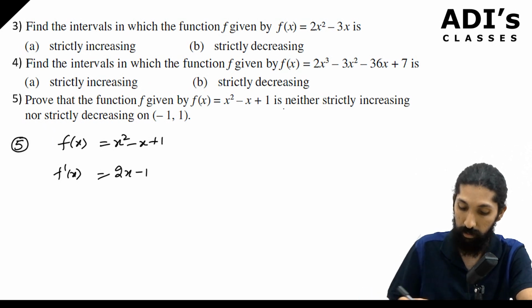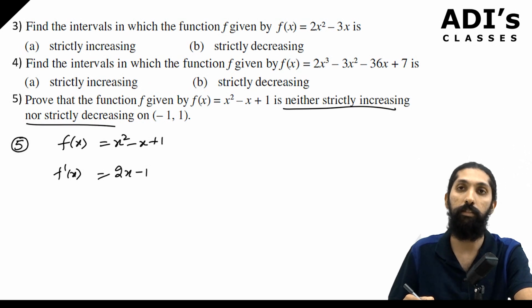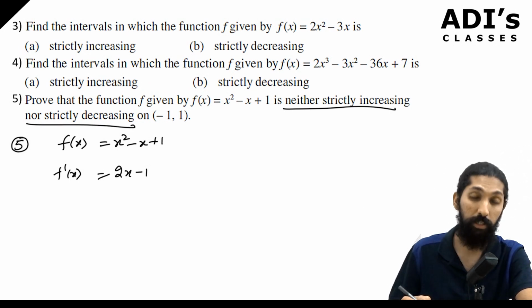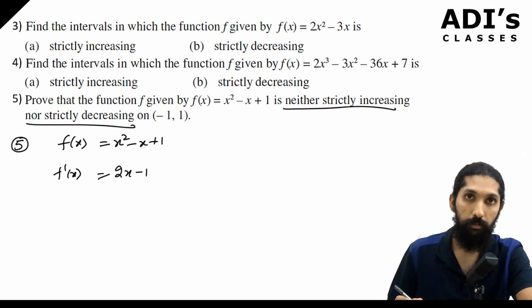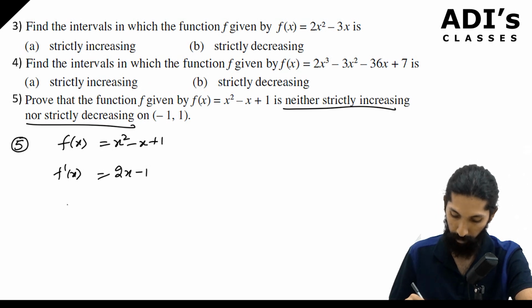Fine. Maybe an e power minus x graph. You can think of something like this. So this is a strictly decreasing function. Neither increasing nor decreasing is a different type, like that parabola, one of the examples. We'll discuss what is what in that one. All right.